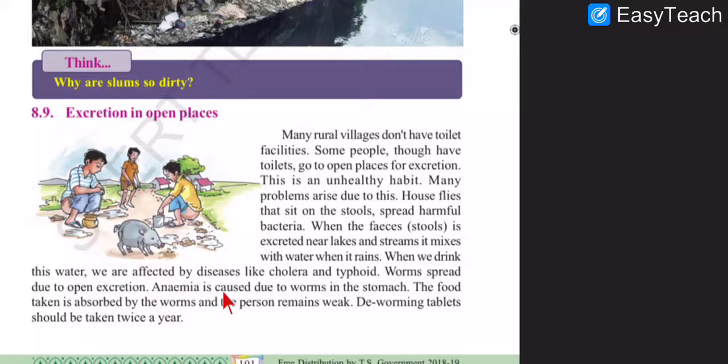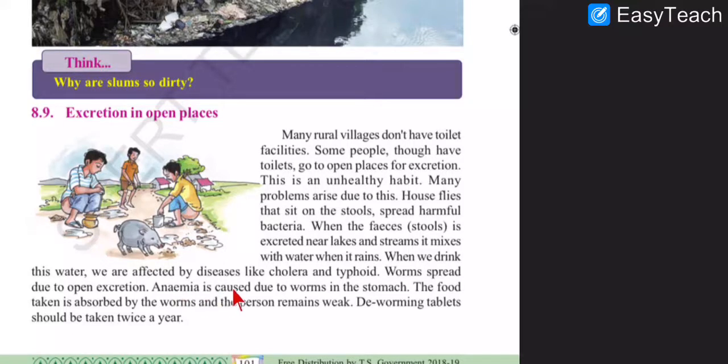Anemia is caused due to worms in the stomach. Anemia is a disease which is caused by the deficiency of red blood cells in our blood.